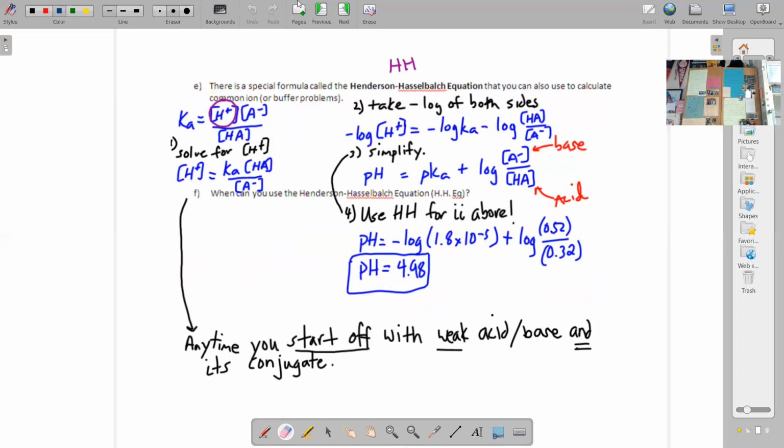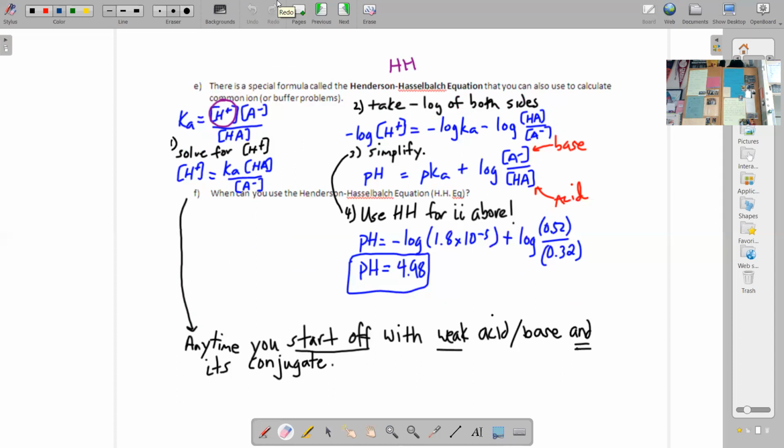The goal is to get pH, so what do we do? pH equals pKa. Anytime from this point forward, if I say p something, what does that mean? Take the negative log. So if I say p your birthday, could you do that? Absolutely. Negative log of your birthday.